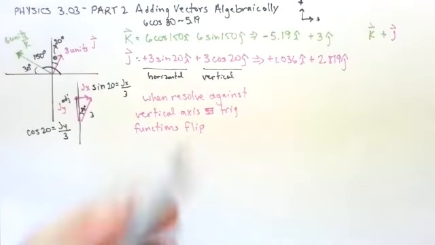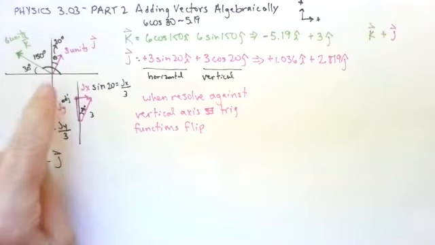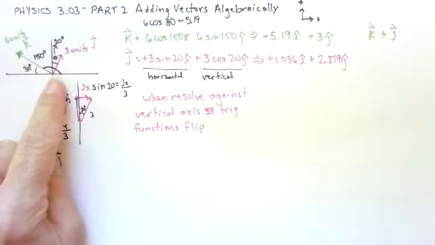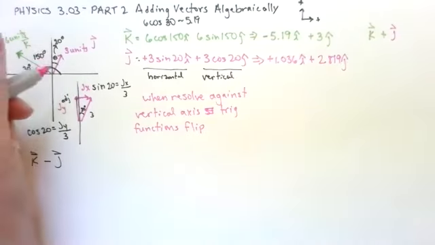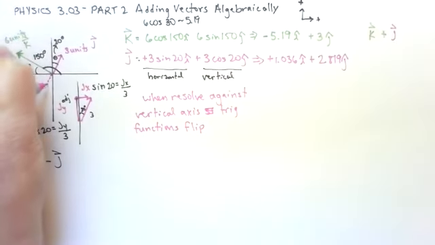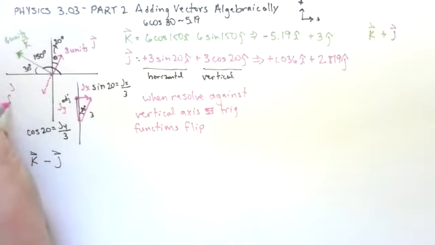What if I want to do vector K minus vector J? How do we subtract vectors? Well, it turns out that if I want to subtract vector J, I flip the vector. I'm going to do this in the same color, but in a dotted line. So this is J flipped.